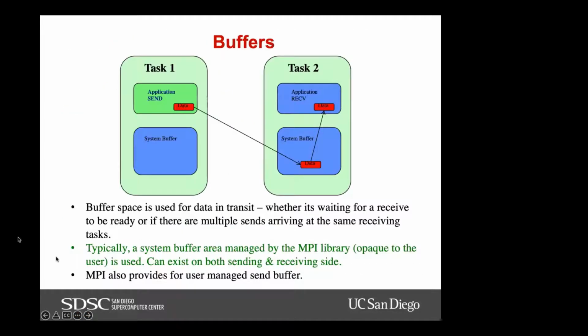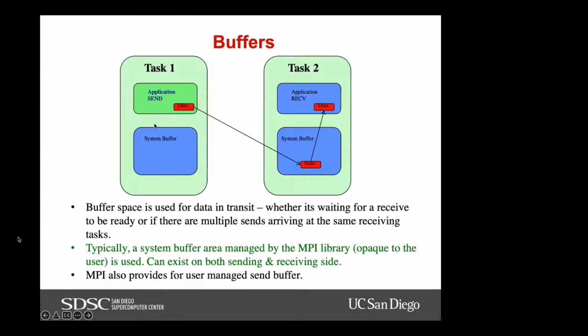So just a quick talk about buffers. In an MPI implementation, you have an application level setup where you have data that the application wants to send to some other task, right? You also have system buffers that are associated with each task. And you can also have user-managed buffers in the more complex MPI implementations.